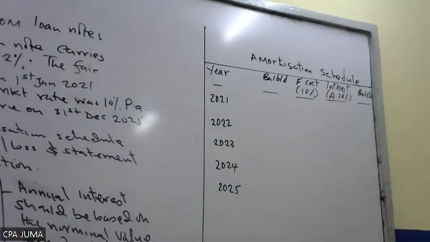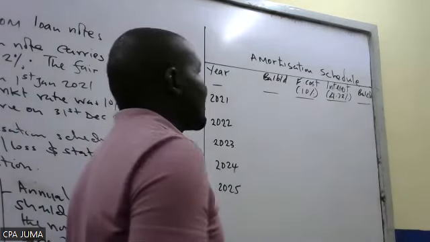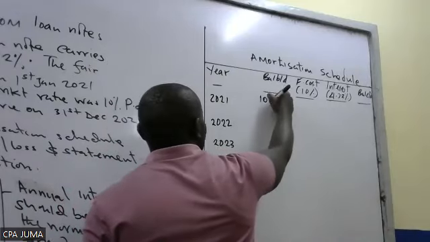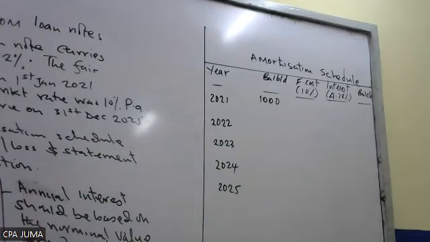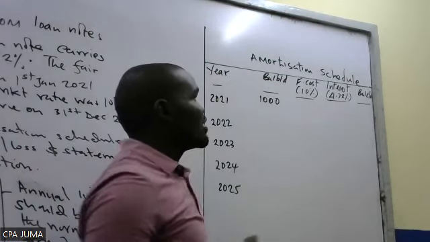Is that okay? Balance brought down. I've said amortization is based on the market, the way the market is playing, but on redemption you redeem the principal, which is the nominal. So on that date, the balance of the bond was 1,000. Then finance cost will be a percentage of the opening balance.